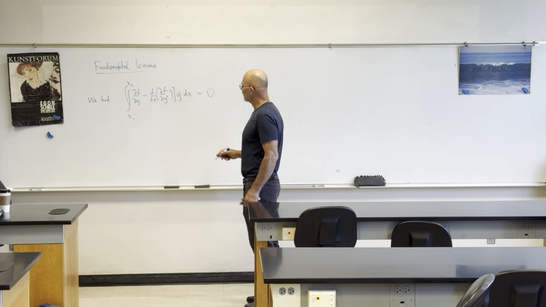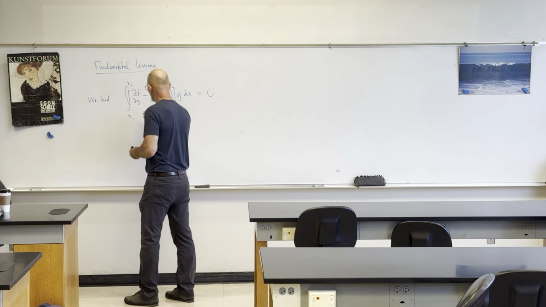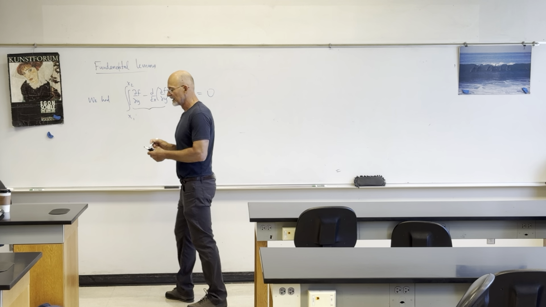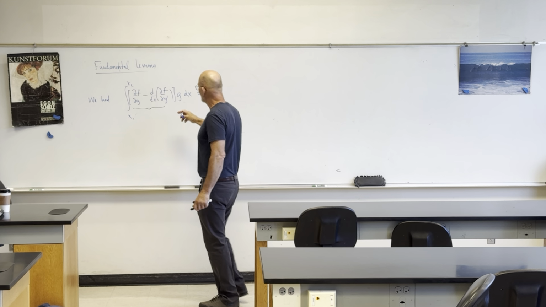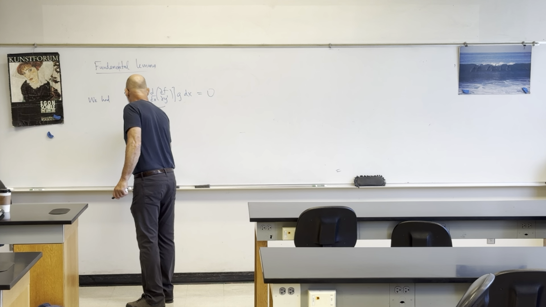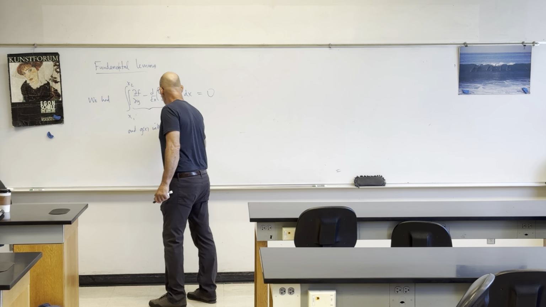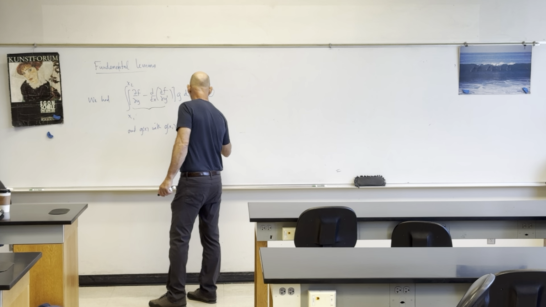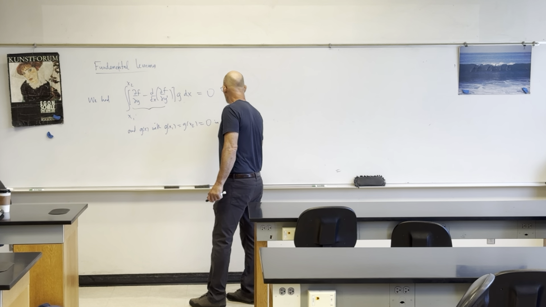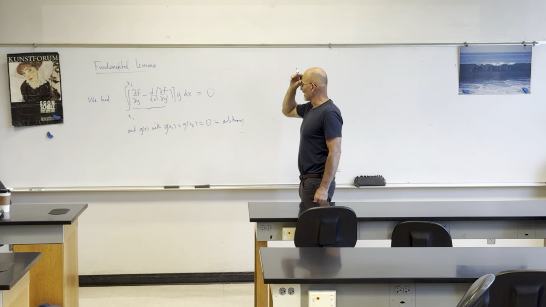And the thing was, we wanted to prove that this bracket is 0. We've already started using it. But we knew that this integral is 0, and g of x, with g of x1 equals g of x2 equals 0, is arbitrary. It can be any g that satisfies those conditions.